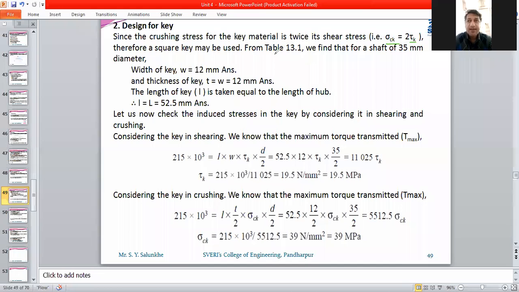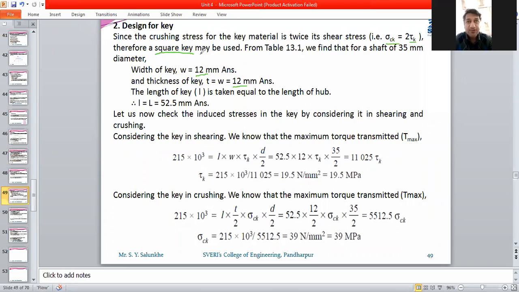Using the proportional dimensions, we find that the width of key will be equal to 12 millimeter. Thickness of key will also be taken as 12 millimeter. A square key is used for this coupling.